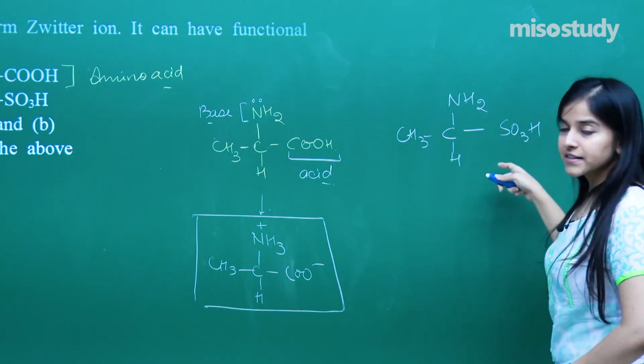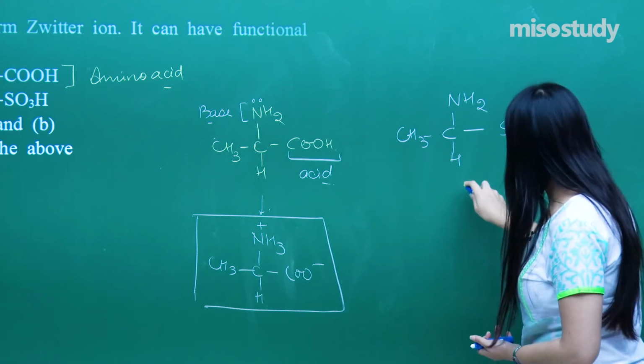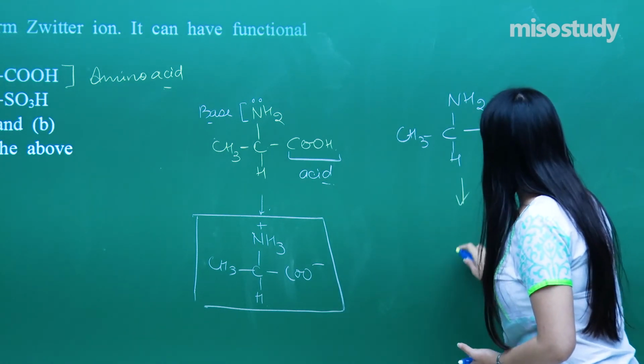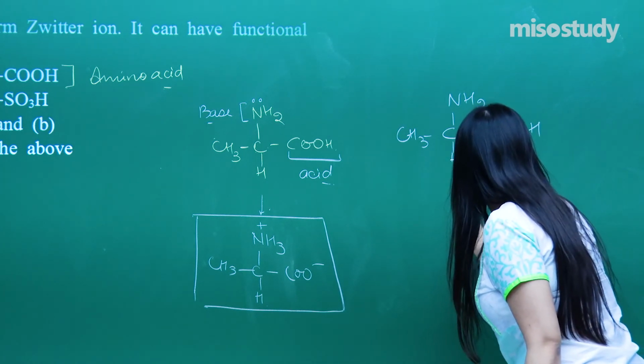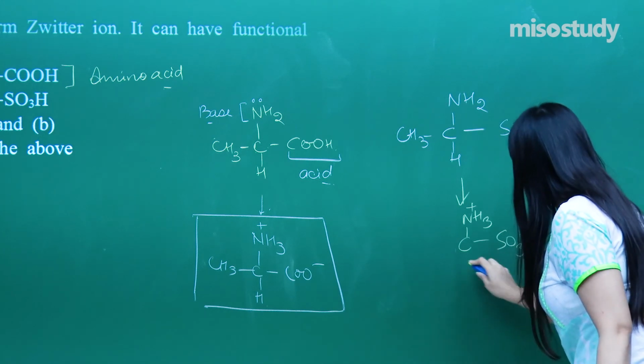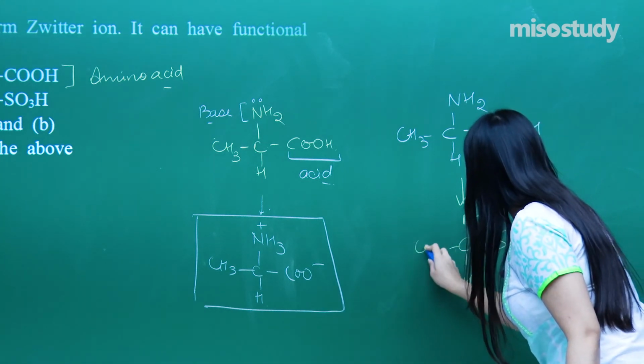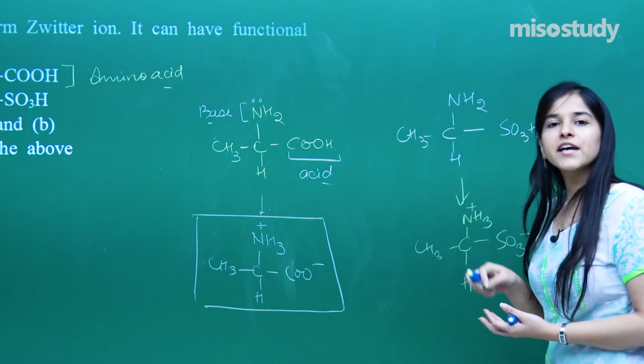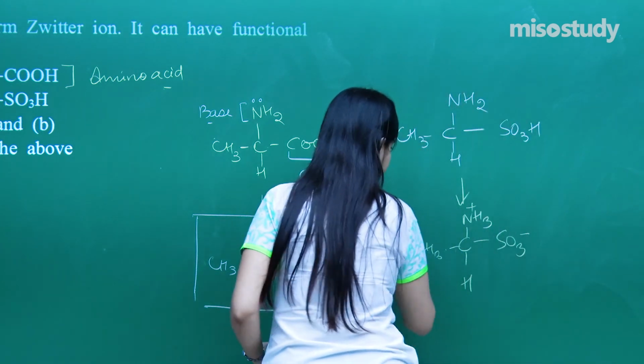Again this acid is capable of donating the H positive. So what do I get here? Again I get a Zwitter ion, NH3 positive, SO3 negative, H and CH3. So in this very case also we can form the Zwitter ion.